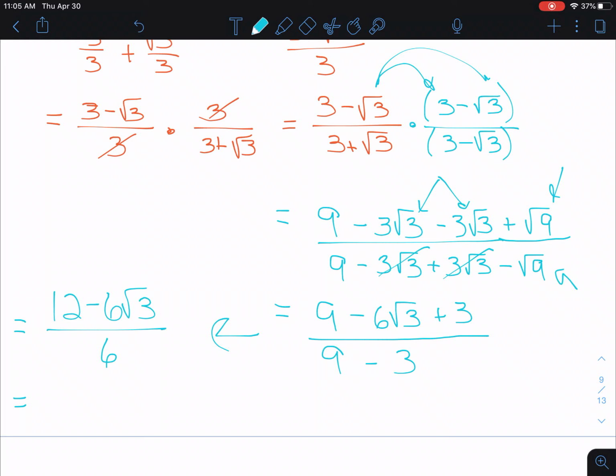I still remember I can reduce this, so 6 can go into all 3 of these. So 6 goes into 12 twice, goes into 6 once, so I don't need to write 1 root 3, but I can write that. And then I have a 1 on the bottom. So my answer here would be 2 minus square root of 3.